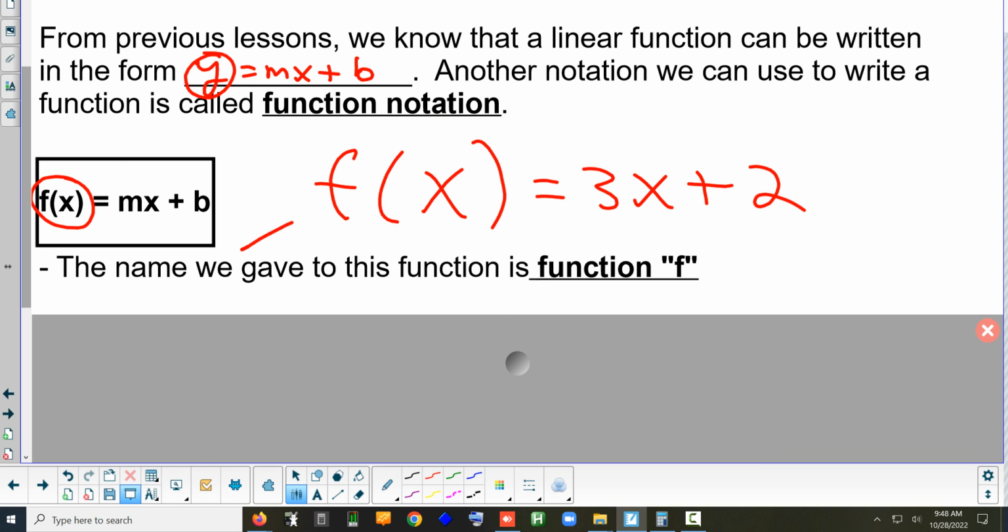And as I said before, this letter right here is the name of your function. We call that one function f. This comes in handy when you want to write down multiple functions on the same piece of paper.